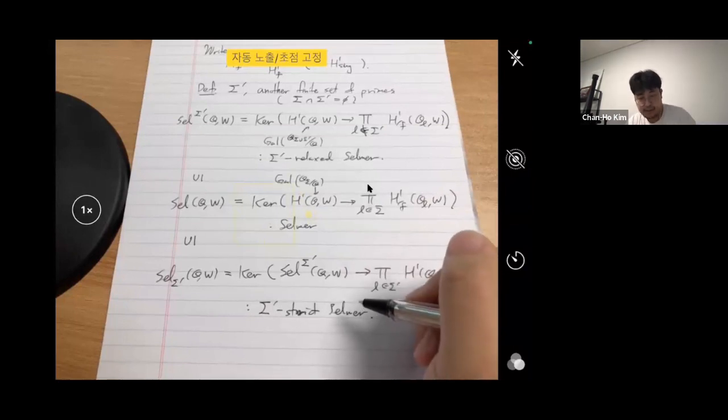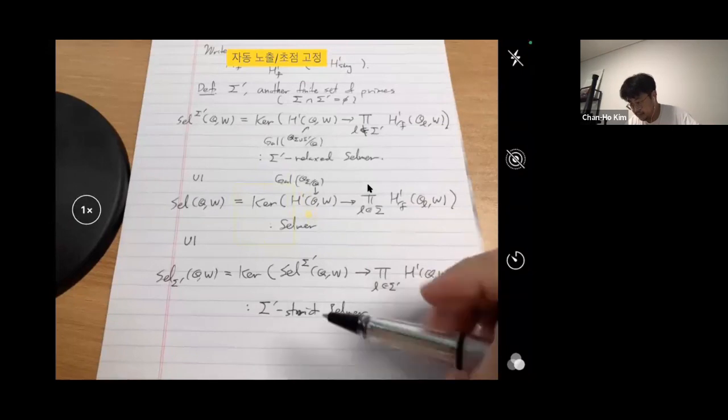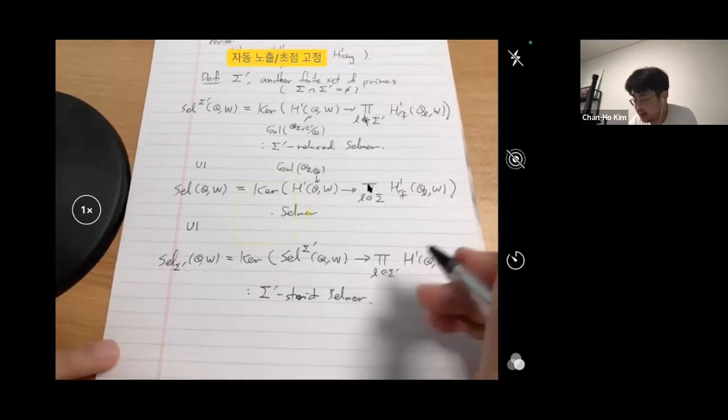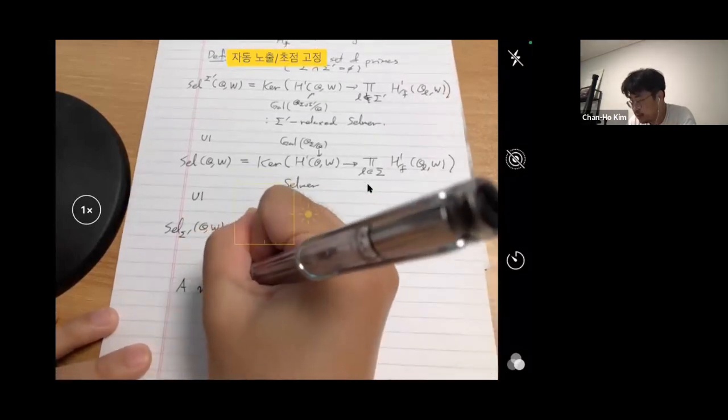That's the objects we deal with. And in this situation, a weak form of the Bloch-Kato conjecture is as follows.